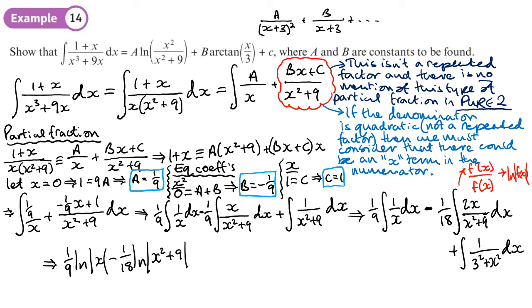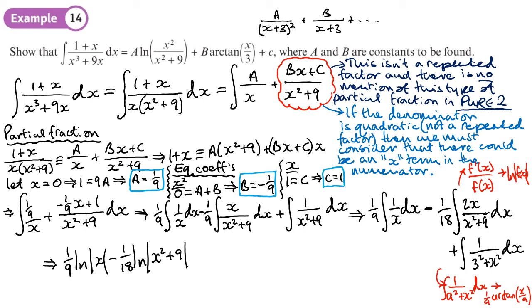And then the last part here, we can use arctan. So if I just write down as a reminder that if I've got 1 over a squared plus x squared, I want to integrate that, that becomes 1 over a arctan x over a. Now a I can see is 3 because I wrote 9 as 3 squared.